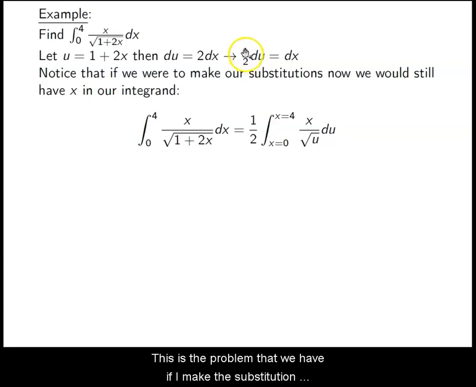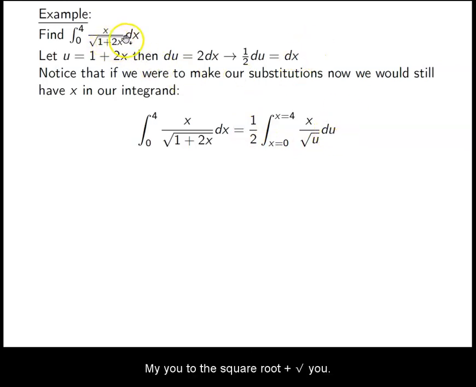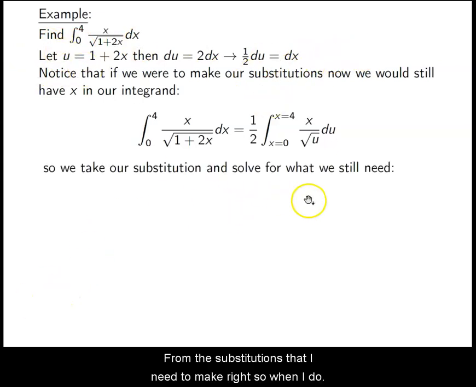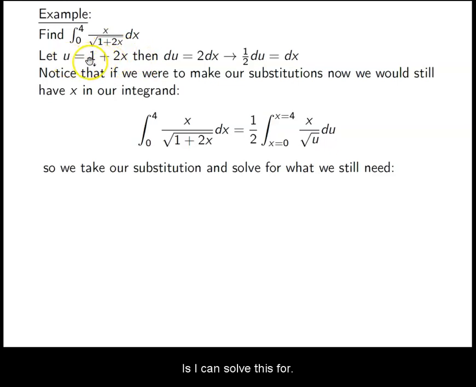If I make the substitution for the dx equaling 1/2 du, I get my 1/2 du for the dx. My u in the square root is square root of u, but I have this x here that is not present from the substitutions that I need to make. So what I do is I can solve this for x. x is 1/2 times u minus 1.